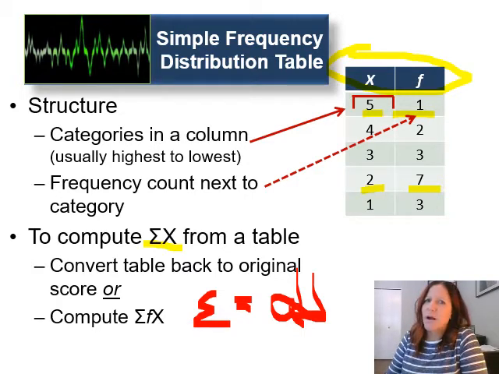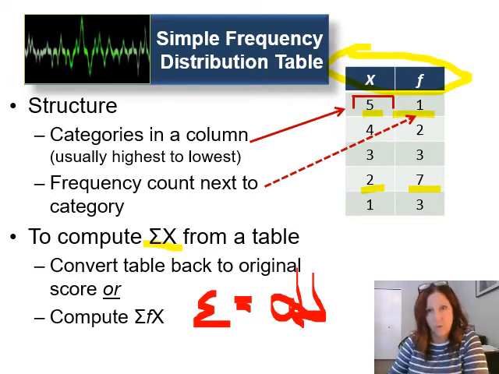But that would be wrong, because that's only accounting for, let's say, one X score of 5, one X score of 4, one X score of 3, one X score of 2, one X score of 1. But that's not the case. We actually have 1 five, 2 fours, 3 threes, 7 twos, and 3 ones.